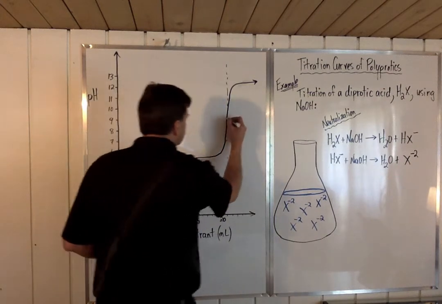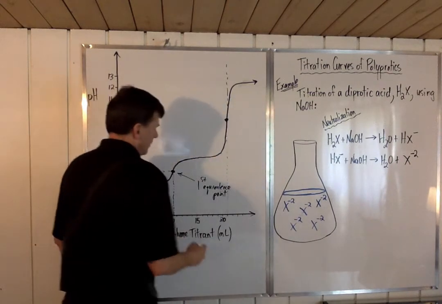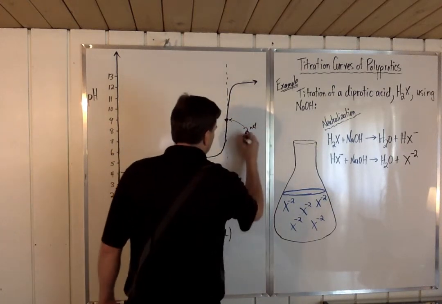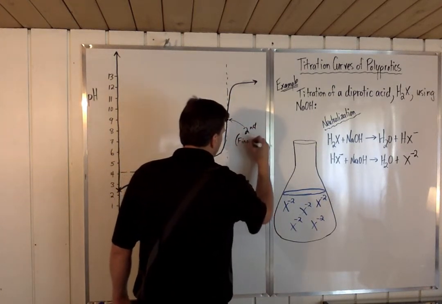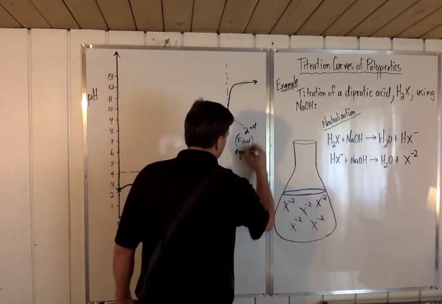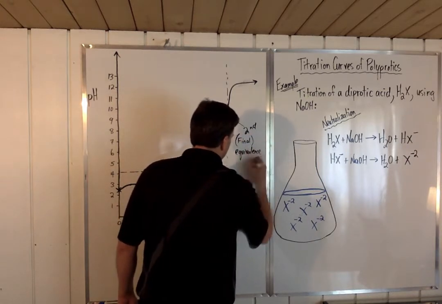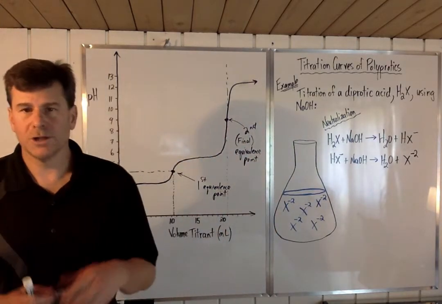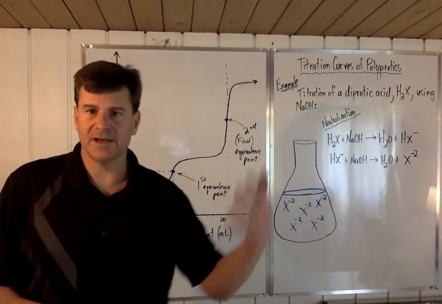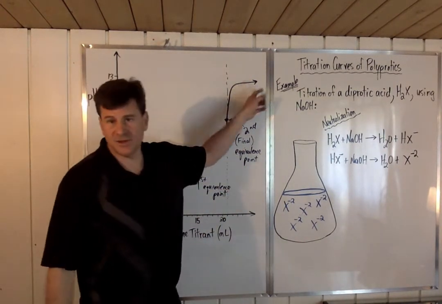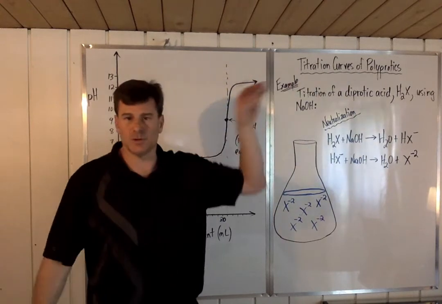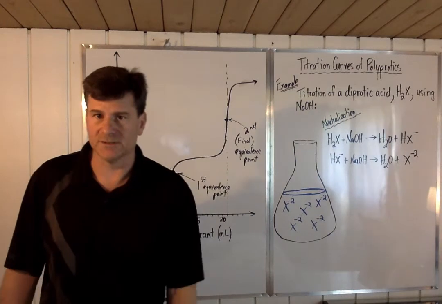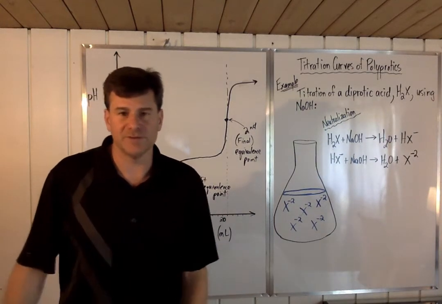The final equivalence point will occur once the solution then is just, it plateaus out here, and then you can add as much base as you want. It will go a little bit higher, but it will never go beyond whatever the sodium hydroxide concentration was. Okay, it'll go up to whatever that pH would have been.